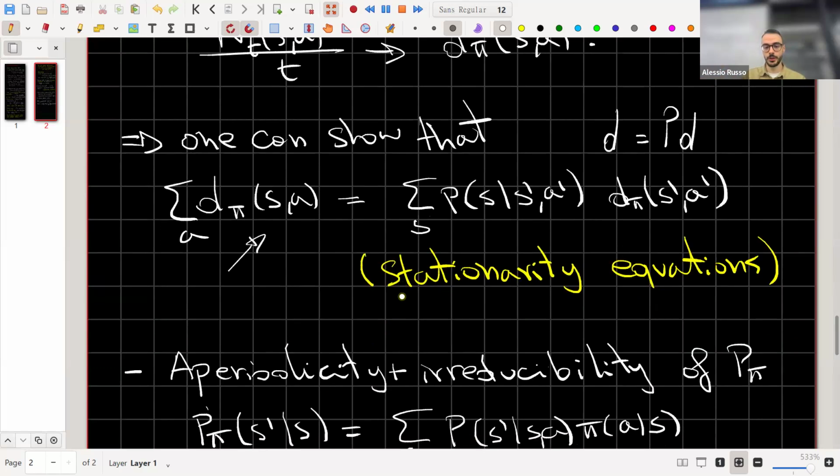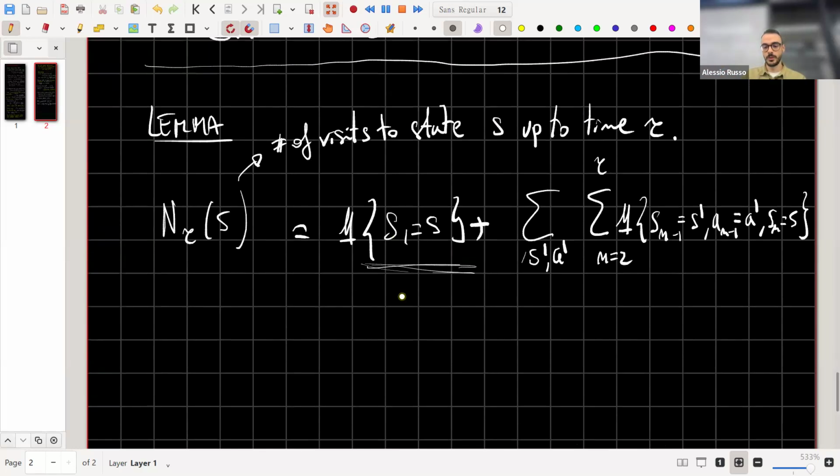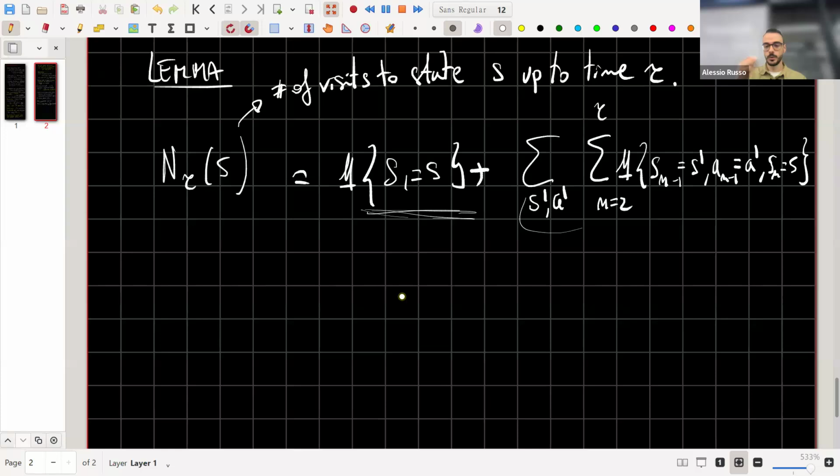The sum over S' of this quantity will be exactly the sum over S' A' of the transition function times the stationary distribution, which is what we want in the end. So we need to rewrite this quantity in this way, so that in the limit it will converge to the stationary distribution.